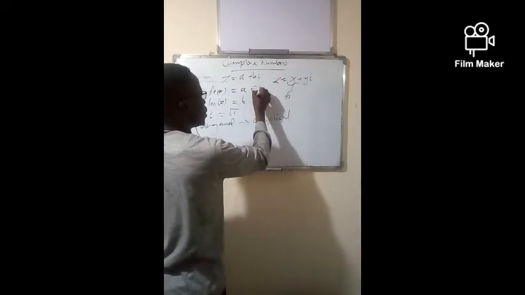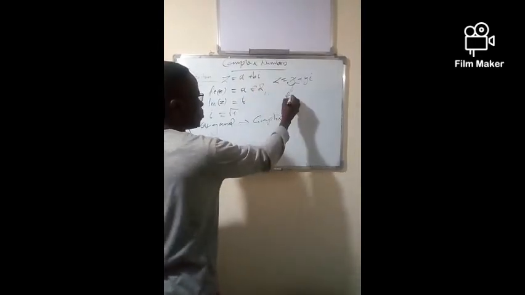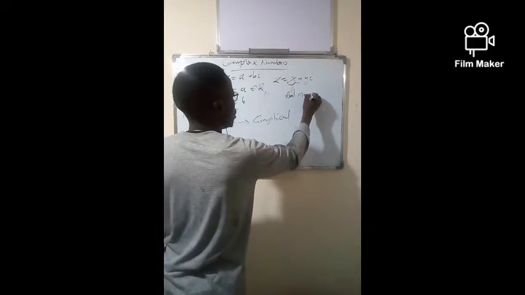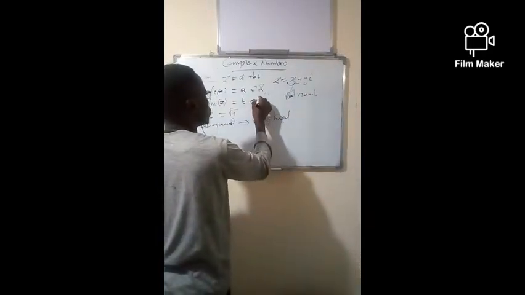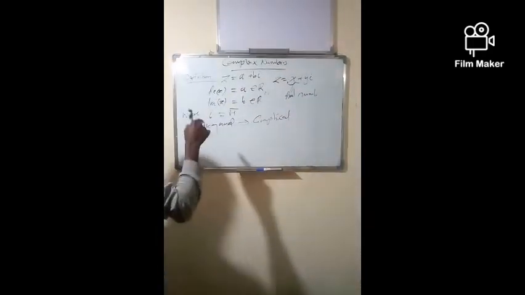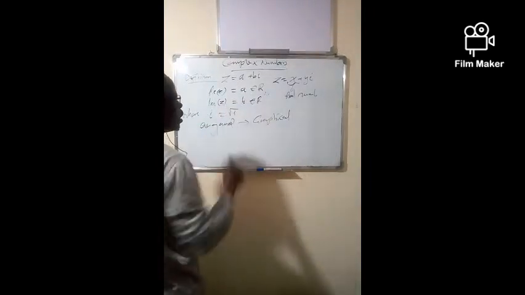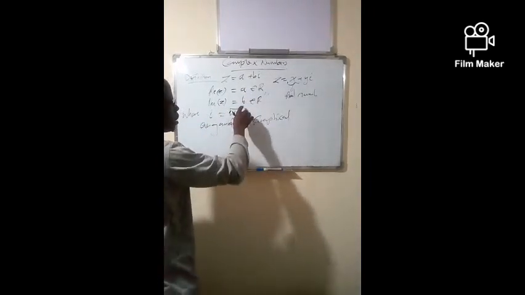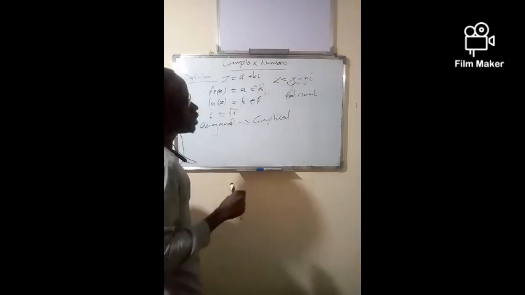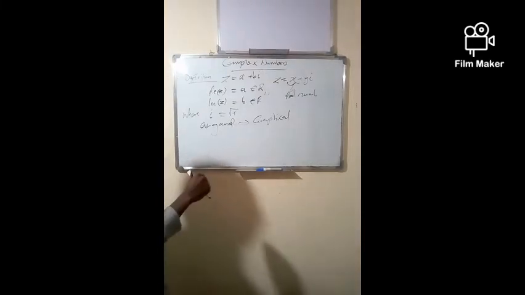The a there is a member of the real numbers, it's a real number. Even this b is also a real number. But on the part of b, we also add the i, which is making it a complex number.